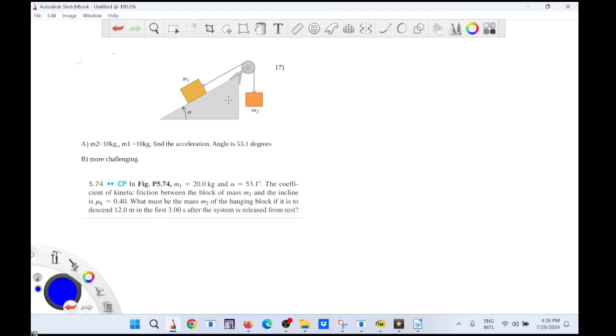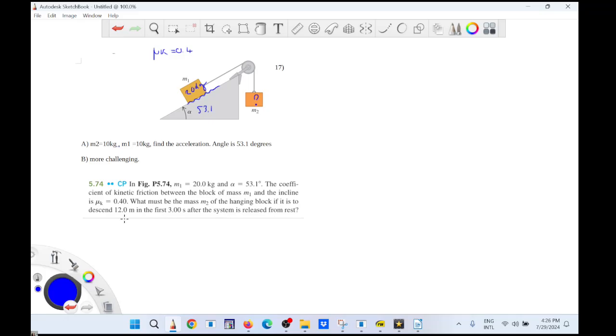So first, what is given to you? You still have 53.1, but now you have friction. The coefficient of friction is 0.4. Mass M2, you do not know. Mass 1 is 20 kilogram.